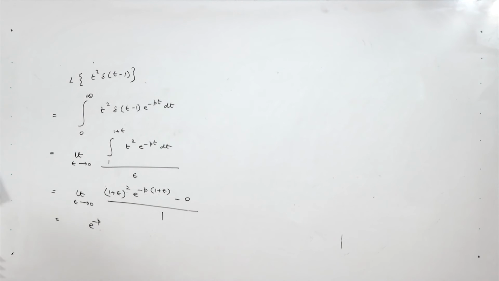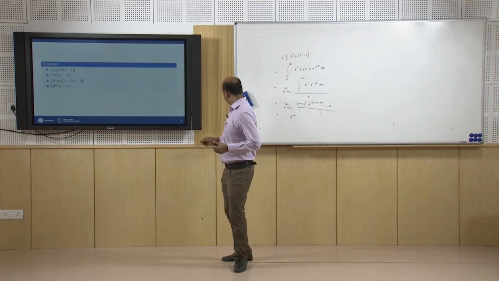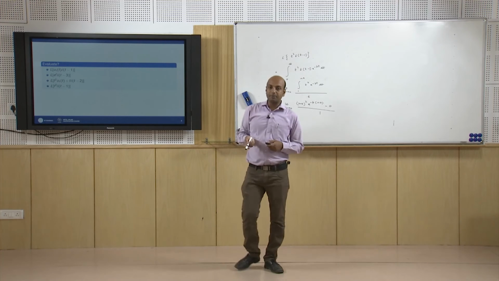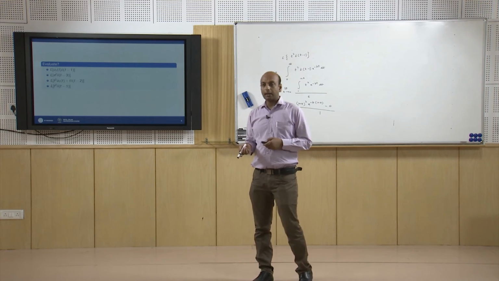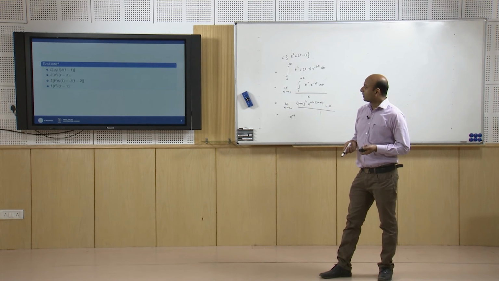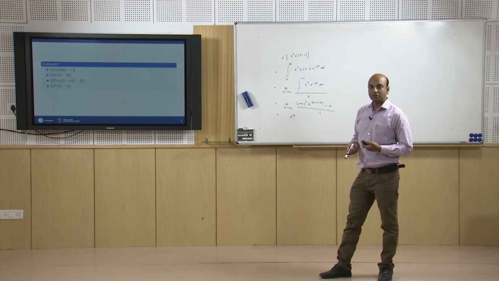So, that will be Laplace transform of t square into Dirac delta at t equal to 1. Okay. So, that is how we can solve problems based on Dirac delta function, I mean Laplace transform of functions with Dirac delta function. Okay.